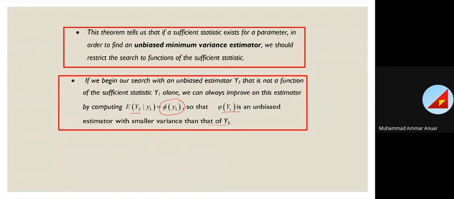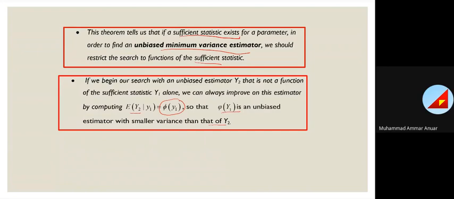But if we start with the sufficient statistic, that means to find the unbiased minimum variance estimator, we only focus on functions of the sufficient statistic. That means the question is to find the sufficient statistic, which is the first theorem. Then to find the unbiased minimum variance estimator, we just focus on functions of the sufficient statistic.